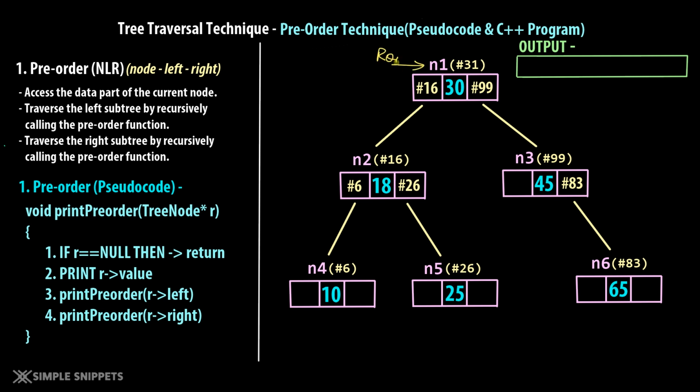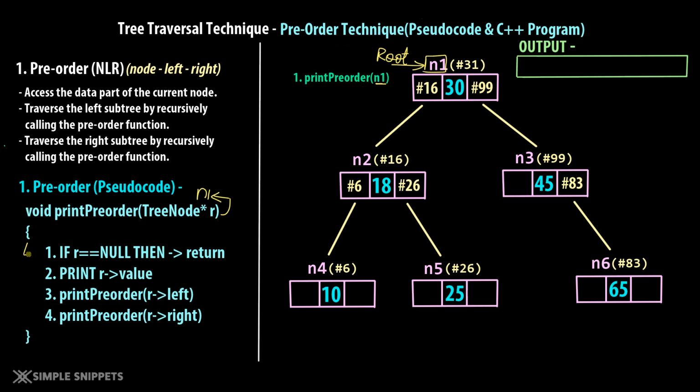So this is the root node. For the first time we will pass n1, so R will correspond to n1. Let's see the first function call. This is the very first printPreOrder function call. We are passing n1. This is not a recursive call, because for the first time from the main function we are simply calling printPreOrder.